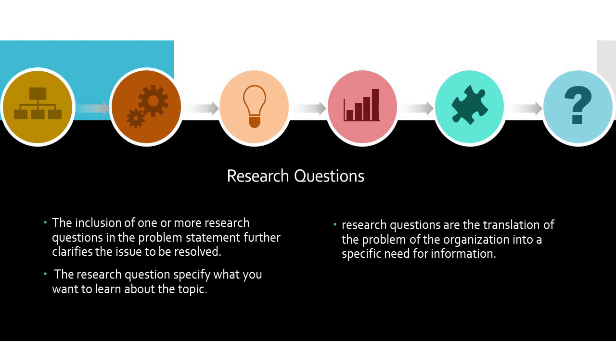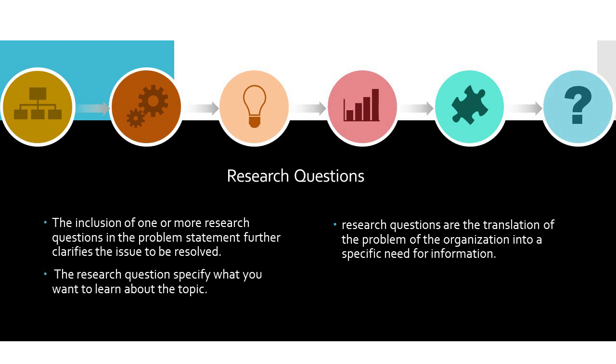So your research question should be clear enough. Research questions are the translation of the problem of the organization into a specific need for information. Your research questions will tell a reader on which basis you are conducting the research. Basically, what are the questions of the research for which you are getting the answers.